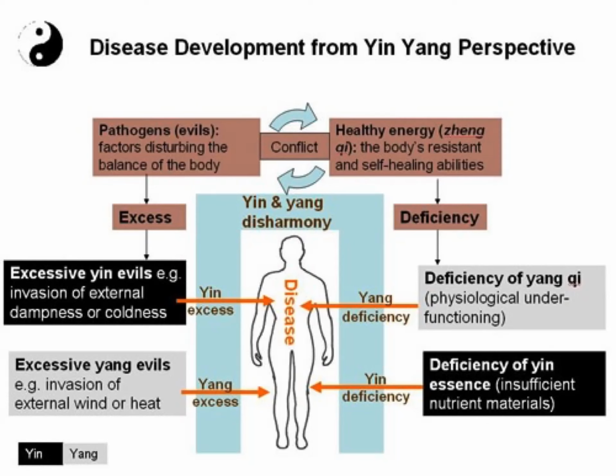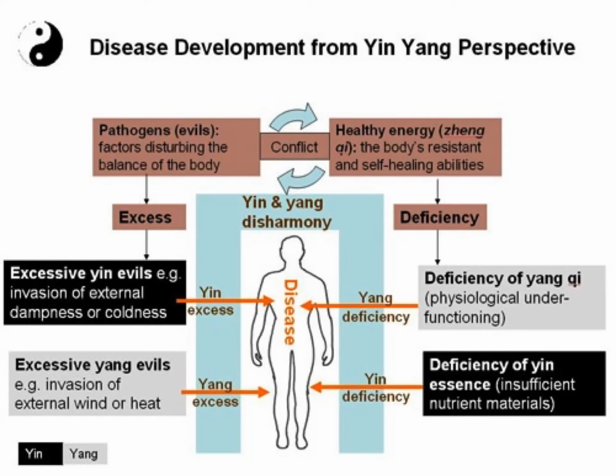Okay, so let's talk about excess. You can have both excessive yin evils and excessive yang evils. Excessive yin evils, for example, we have invasion of external dampness or coldness. An example of excessive yang evil is invasion of external wind or heat.